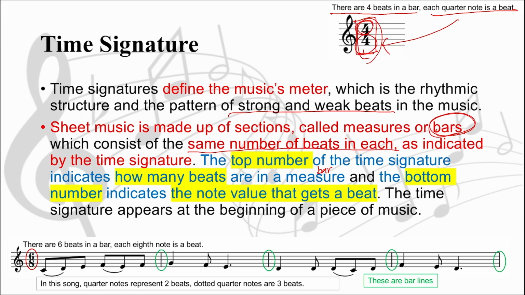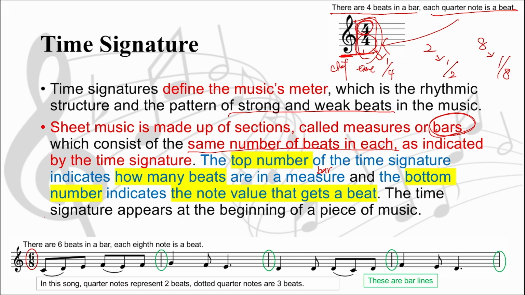So 4 is for a quarter note. If it's 2, it will be a half note. If it's 8, it will be an eighth note. The time signature appears at the beginning of a piece of music, right after the clef. The first one is the clef, and the second one will be the time signature.